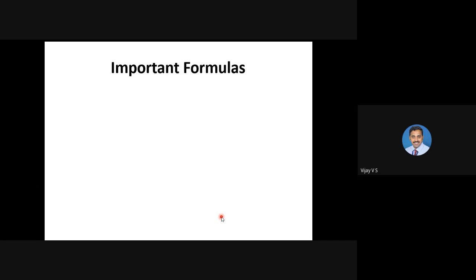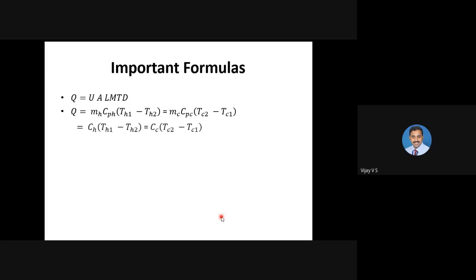Now before we start the problems, let us just recall the important formulas which are required to solve this NTU method. So far, you already know the entire heat exchanger equation is given by Q is equal to UA LMTD.